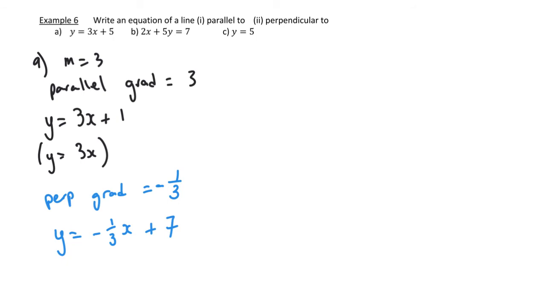Okay. Part B, we've got 2x plus 5y equals 7. Now, this is a little bit more awkward because it's not in the form y equals mx plus c. So we need to manipulate it to that form. To do that, we're going to get rid of the 2x first of all, and take it over to the other side.